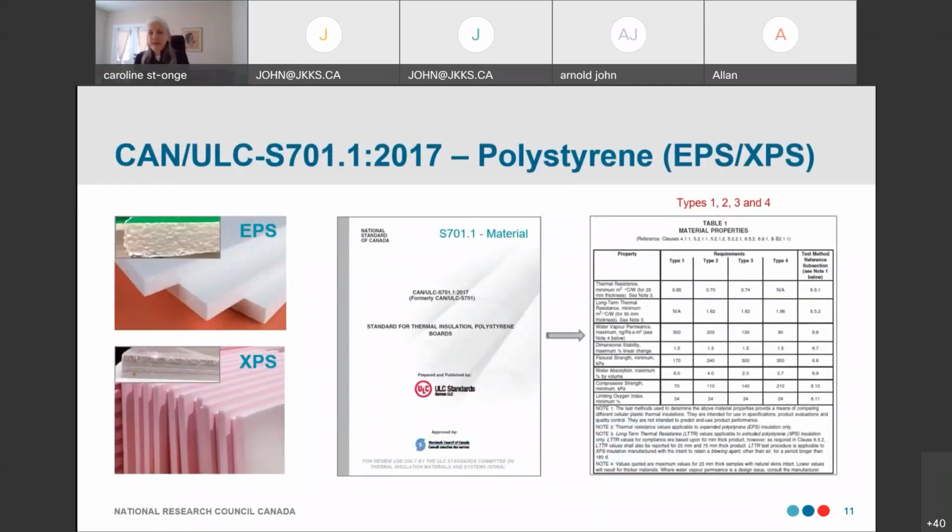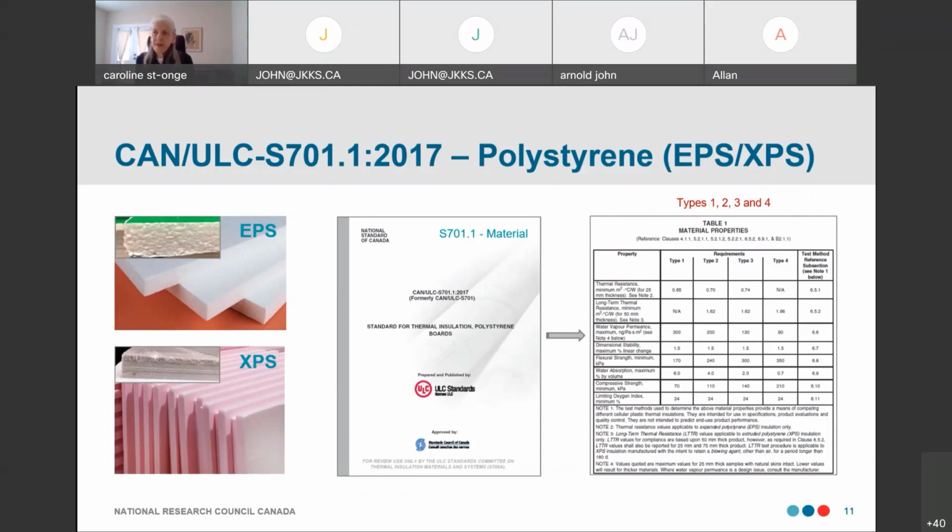So what I'm going to do in the following slides is go over the different ULC standards that are referenced in the code and explain a few things about the testing, the labeling, and properties, and if there are any installation requirements related to those standards. I've been to Home Depot lately, and I took a few pictures of some products, so I can show you a few pictures, especially for the labeling.